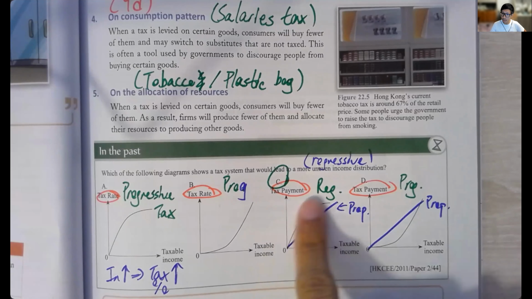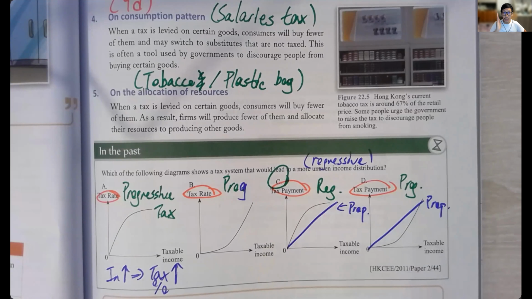其實可一路升緊嘅喎。記住啊 boys，regressive tax refer to the tax rates decreasing，係個稅率跌緊，唔係個 tax payment。This example, you see, as it is increasing, it is also increasing. Therefore, C is only partly correct.